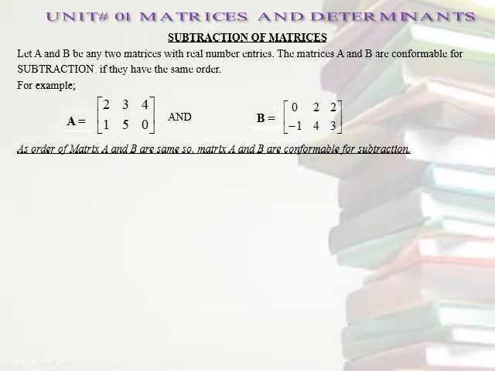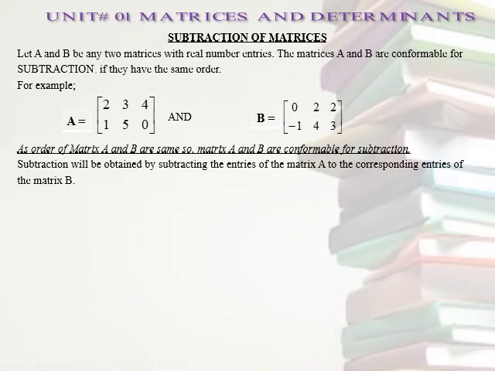As the order of matrix A and B are the same, matrix A and B are conformable for subtraction. Subtraction will be obtained by subtracting the entries of the matrix A to the corresponding entries of the matrix B.